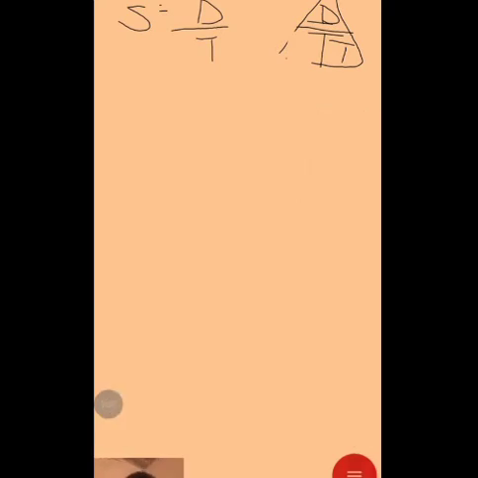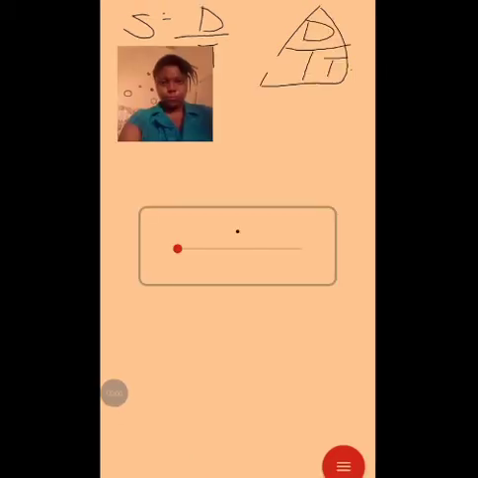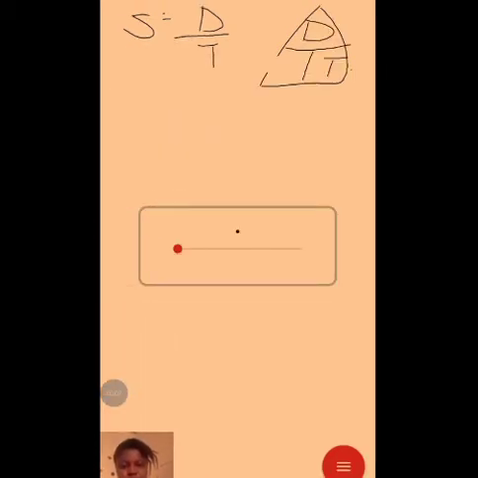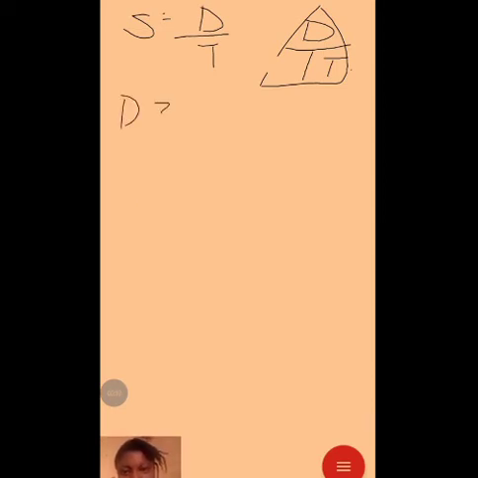Very good. Now, what is the distance here? The distance here is D equals 168.